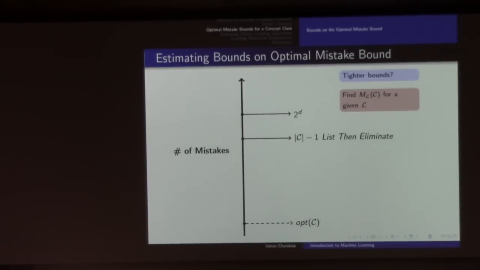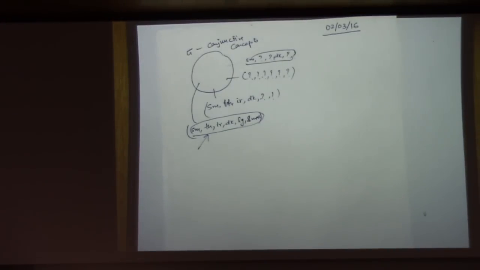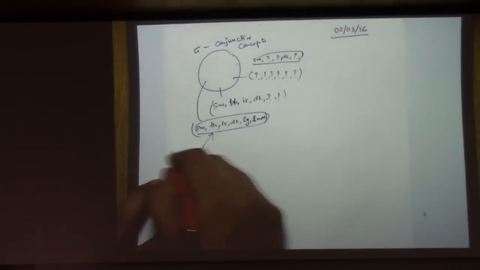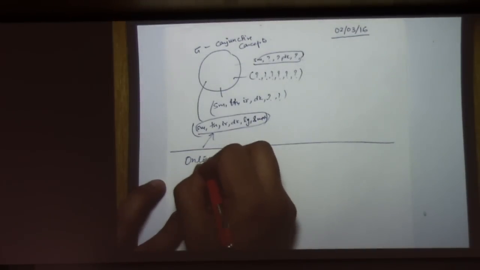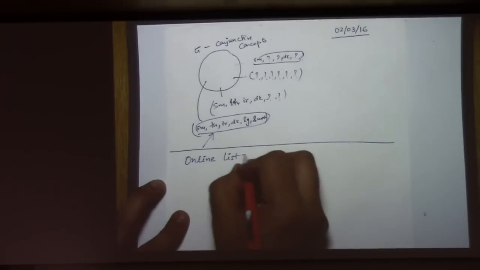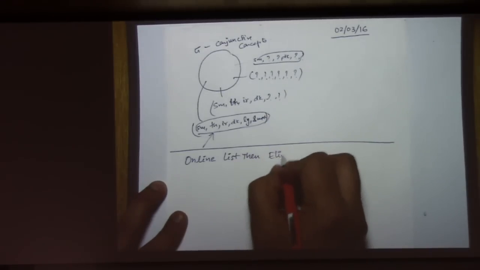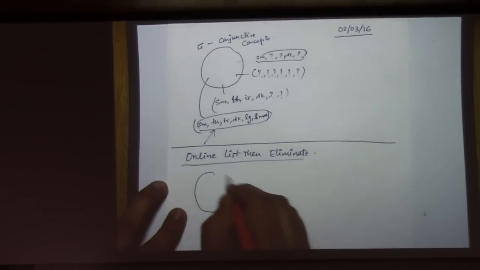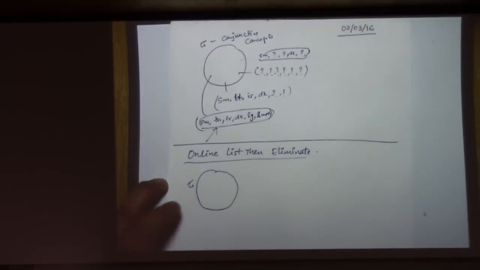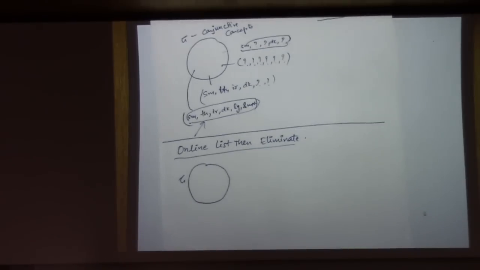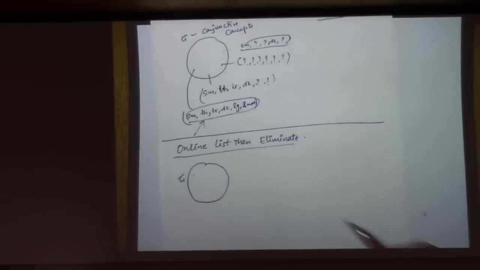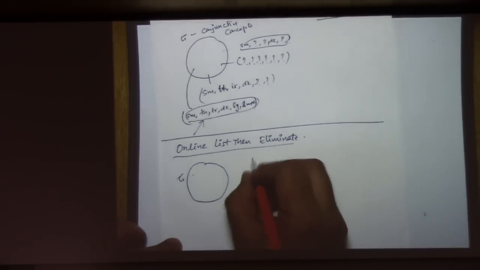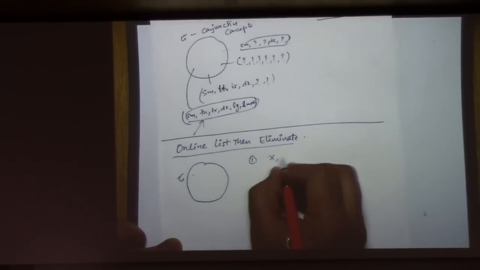I'm going to call it online list then eliminate. It starts with the entire concept class as your version space. It says, okay, my true concept can be anywhere here. Then it gets a data point. Step number 1, it gets some x and c of x.